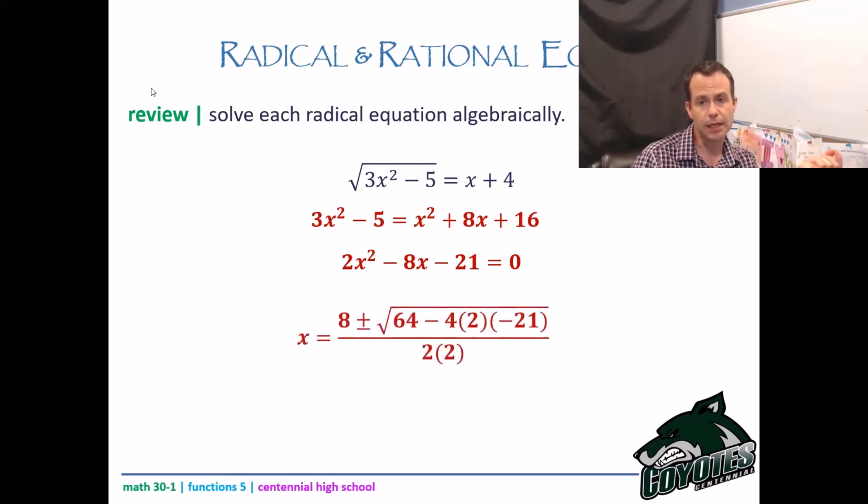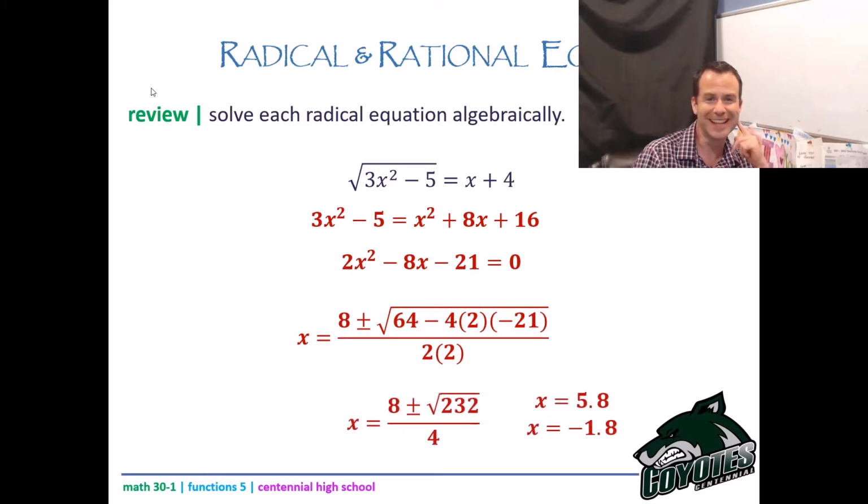Plug in 2 for a, negative 8 for b, and negative 21 for c. Okay, rounding to 1 decimal place, that's going to give me x equals 5.8 and x equals negative 1.8.